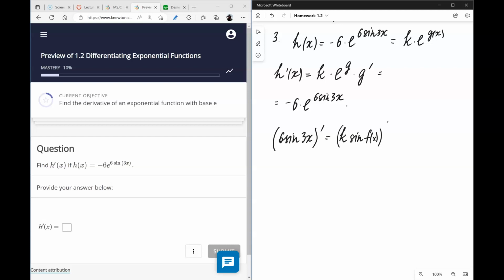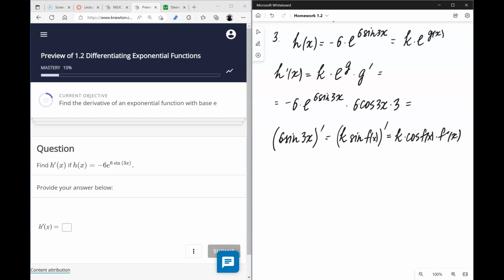And derivative of this, again, by linearity, we can take out the constant, and then by the chain rule, it's going to be the cosine of f of x times derivative of f of x. And that's the plan. So here we execute it. So it's going to be 6 cosine 3x times the derivative of 3x, which is 3.